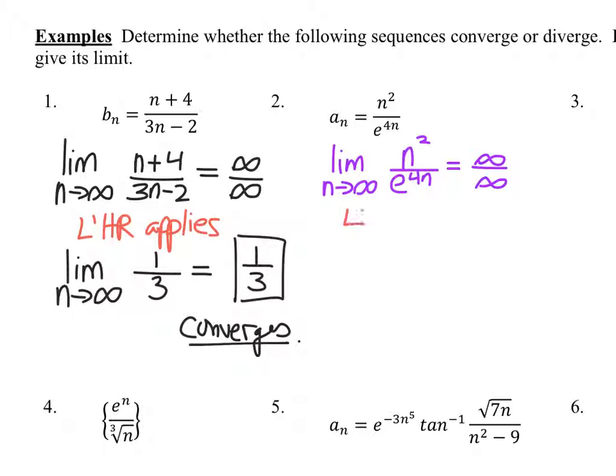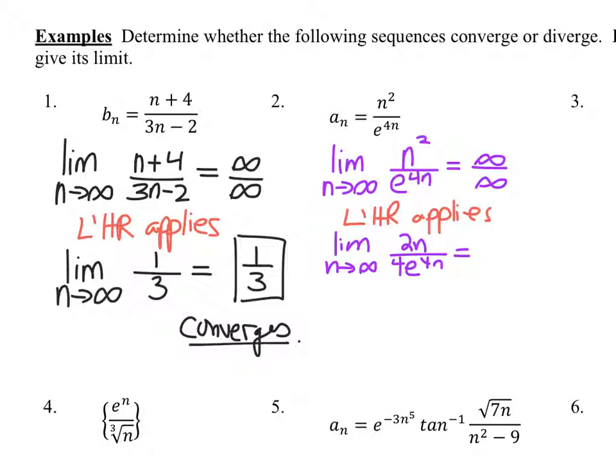So L'Hopital's rule applies again. So derivative top and bottom, I'm looking at 2n over 4e to the 4n. Derivative of an exponential function, keep it as is and then multiply by the derivative of the exponent, which would be 4. Again, derivatives of the top and bottom separately, not quotient rule.